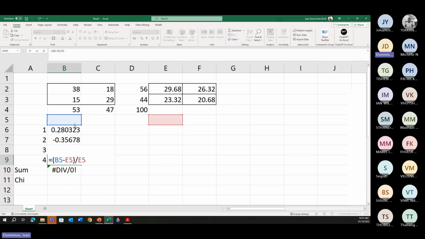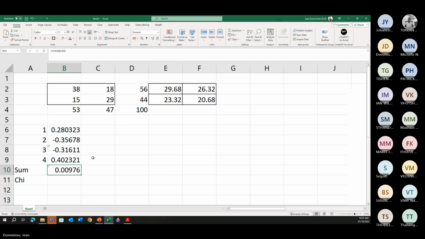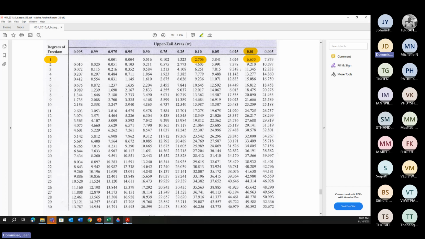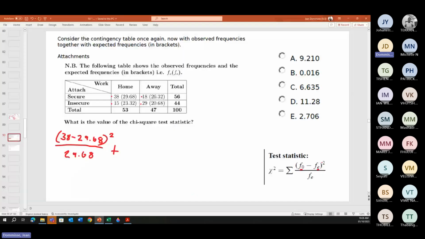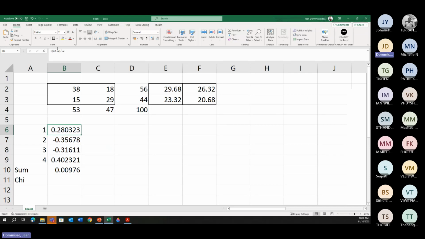Okay, I did something wrong. I forgot about the square roots. So that just quickly shows me how easy one can make a mistake, even if you are doing it in Excel.